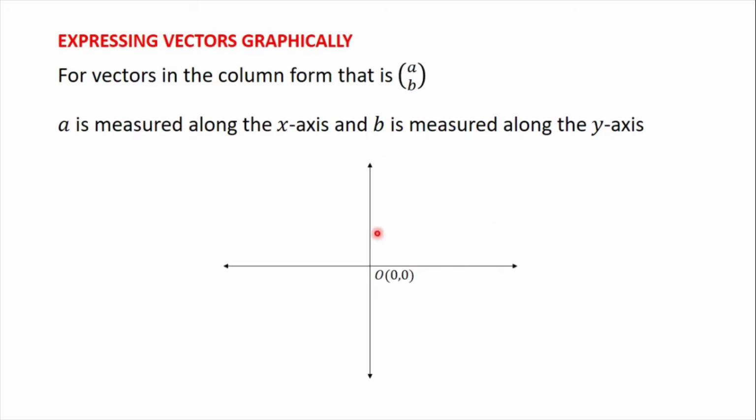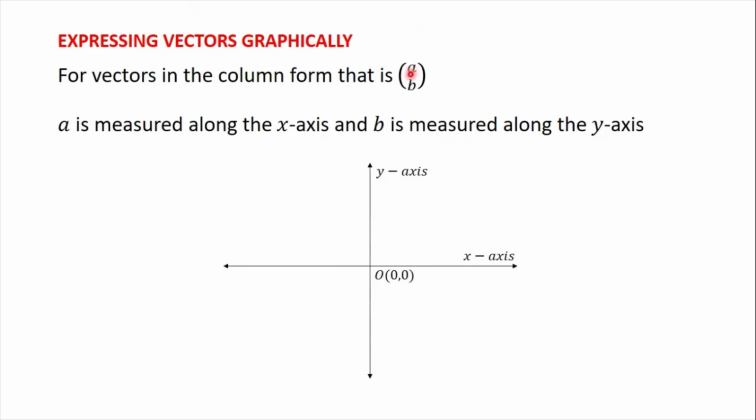So if you draw your Cartesian plane like this, with this point here as the origin, we know that this line here is our x-axis and this line here is our y-axis. If you have a vector in the column form written as a, b, a, which is the first value, is measured along the x-axis, and b, which is the second value, is measured along the y-axis.